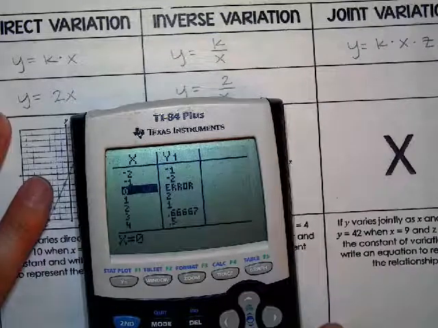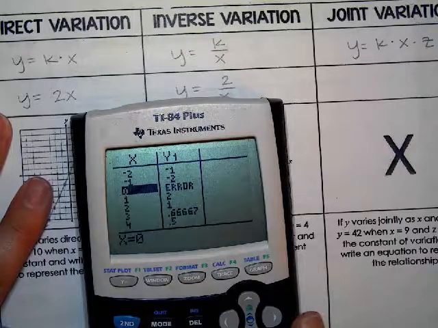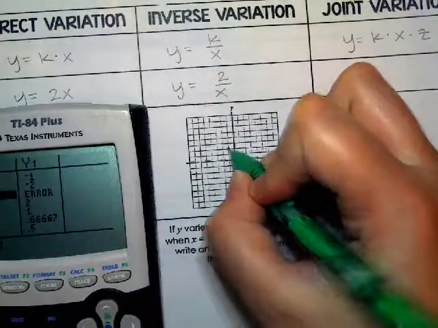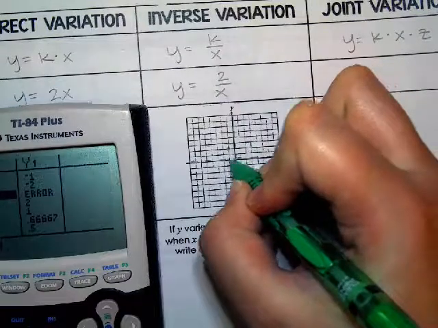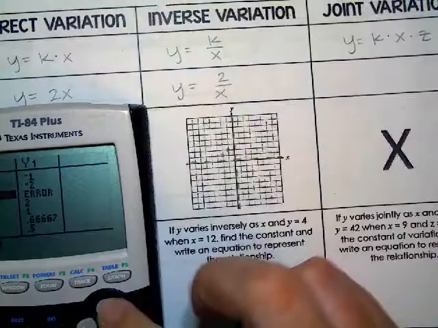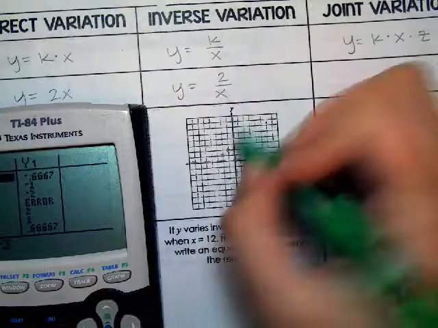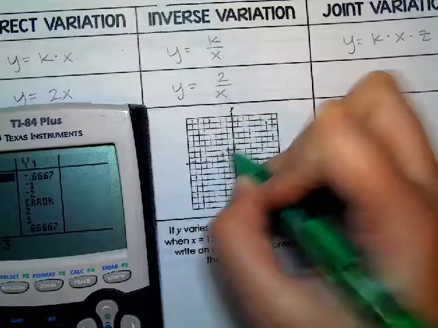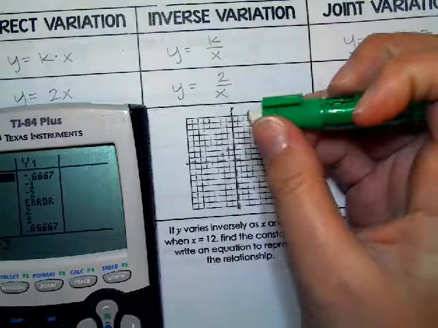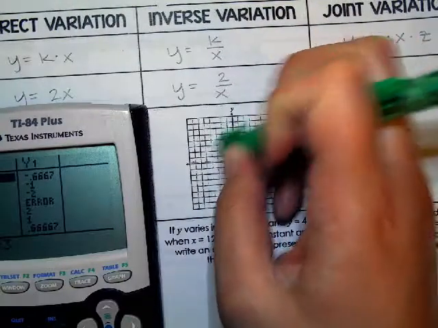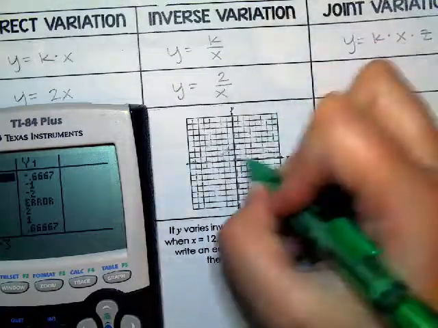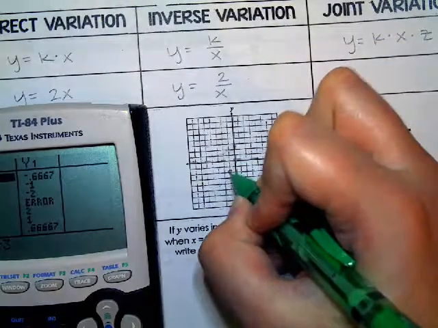Got the point -1, 2, -2, 1, -3. Oh, those were negative. -1, -2. There we go. 2, -1. Okay.